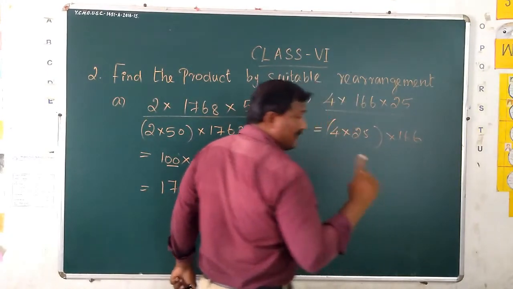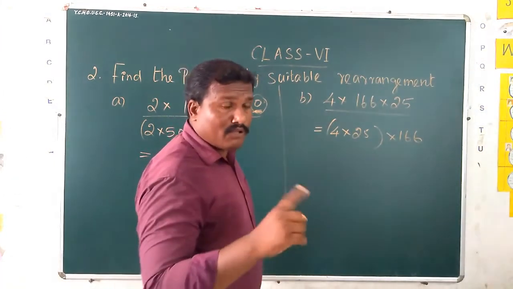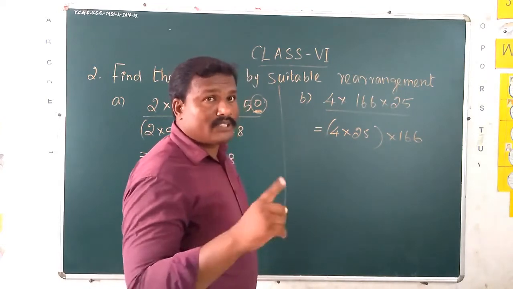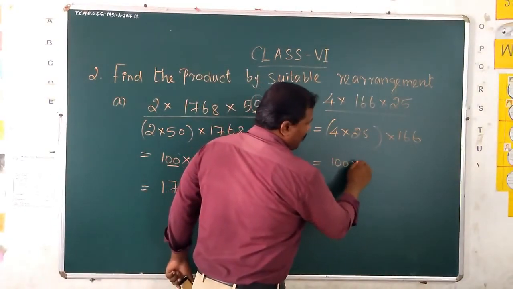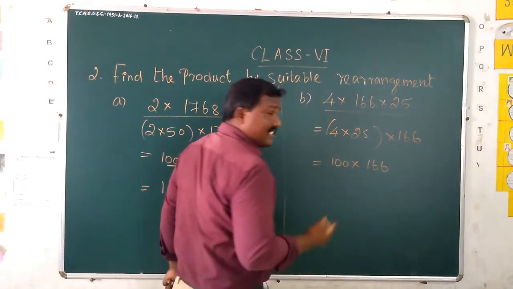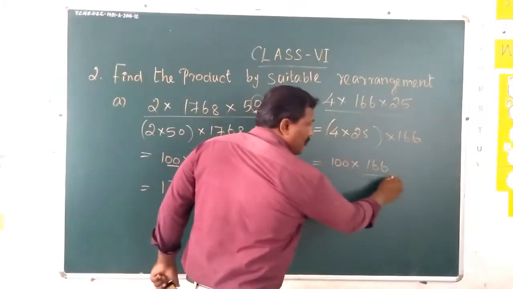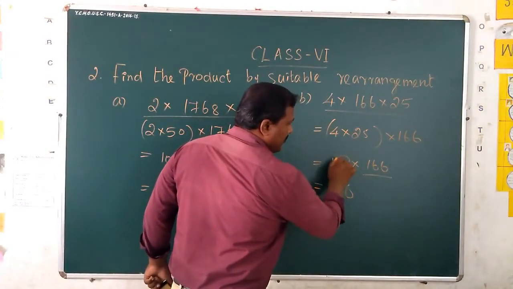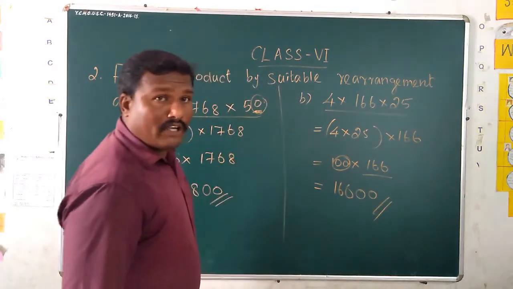Listen carefully. 4 25s, you know very well, 4 20s are 80, 4 5s are 20, so 100. So 100 and 166. Now no need to multiply. What I told you: put this number first, then take these two zeros. That's it. So I hope you understand, students.